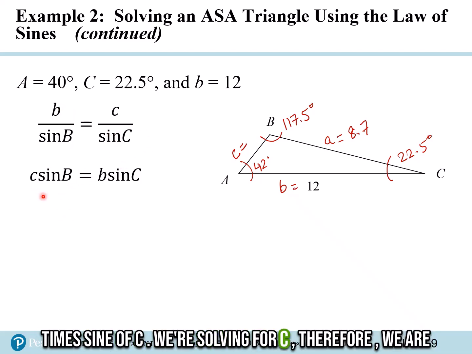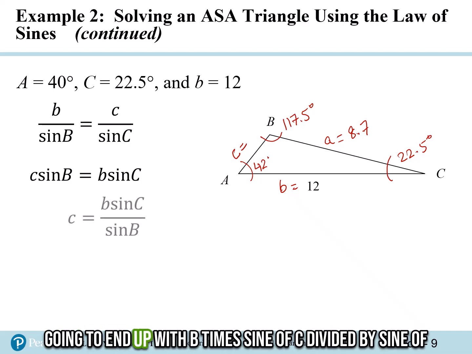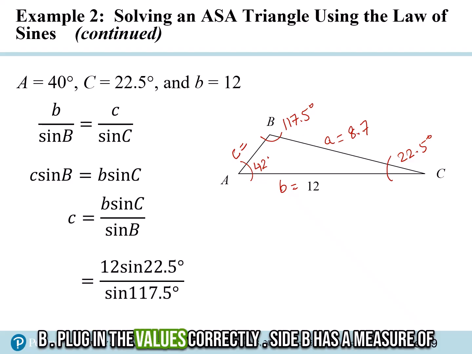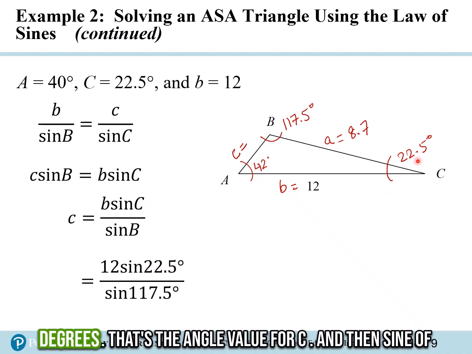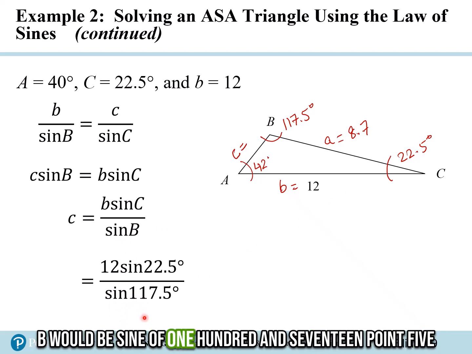We're solving for C, therefore we are going to end up with B times sine of C divided by sine of B. Plug in the values correctly. Side B has a measure of 12, sine C would be sine of 22.5 degrees. That's the angle value for C. And then sine of B would be sine of 117.5 degrees.